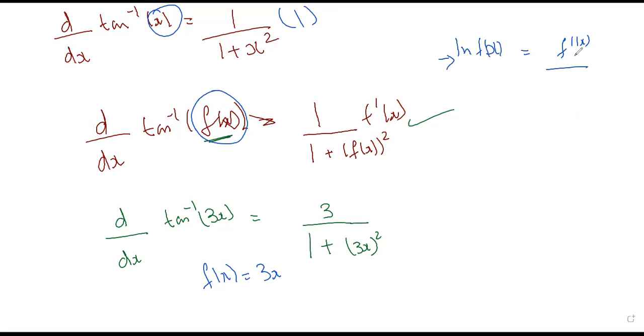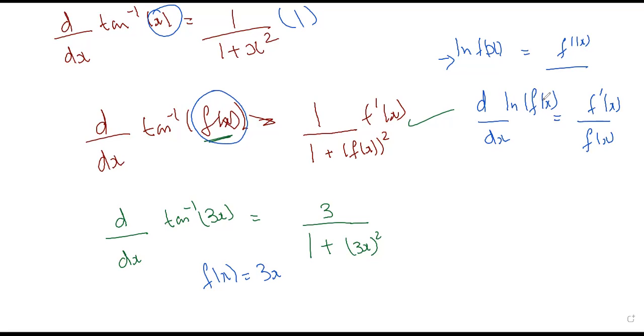The derivative of natural log f of x is going to be 1 over this function as it is, times the derivative of this function. Do you remember we've already discussed this?